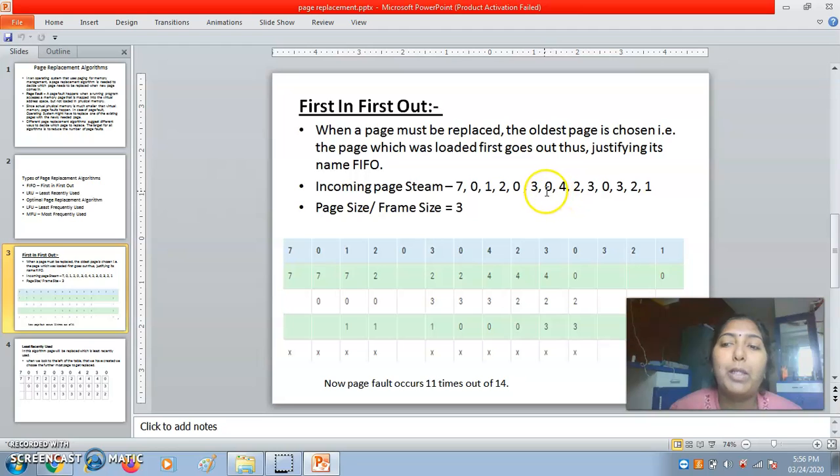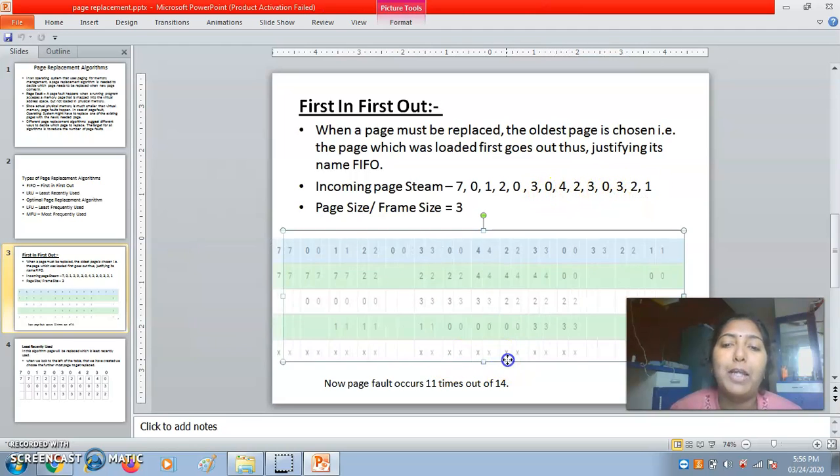Similarly we can move on to the next page references and find out how many page faults there are to process all these page references. And in this example we get 11 page faults out of 14 page references.